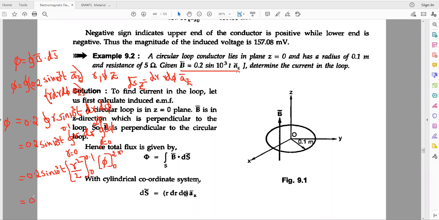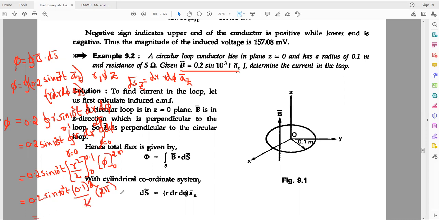That is equal to 0.2 sine 10 cube into t, and 0.1 square by 2 into 2 pi.